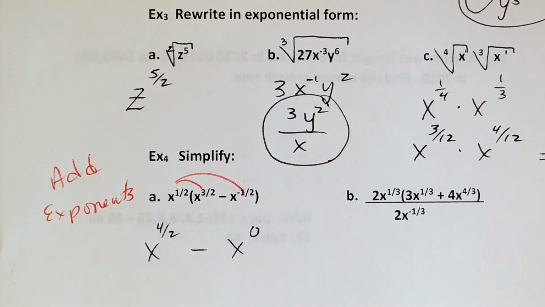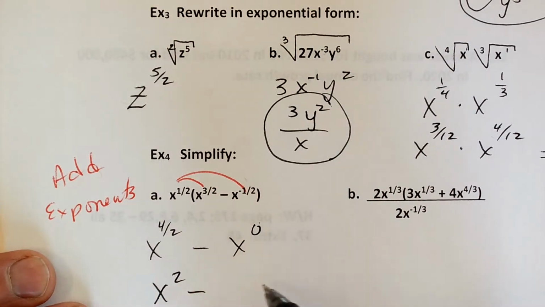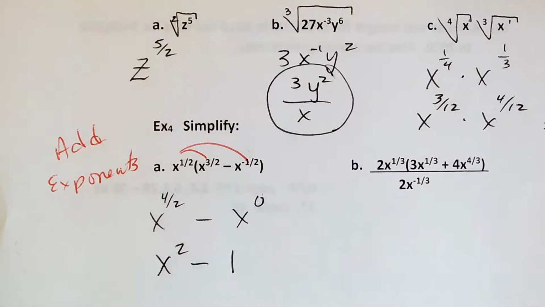Okay, just adding exponents, which is x squared minus anything to the 0 power, which is always just the number 1. Okay.